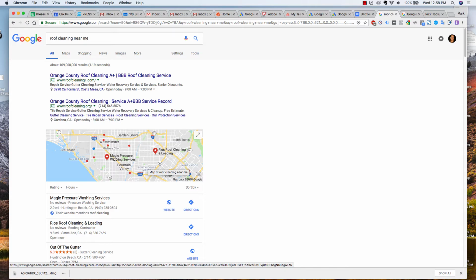Let's just say in this area around Fountain Valley, Westminster, Garden Grove, there's 50 businesses, and all of them are bidding on the same keyword, roof cleaning near me. The businesses that have good campaigns with high click-through rates are going to be paying less per click on average.